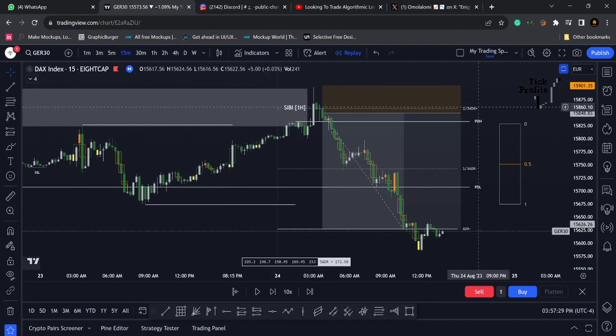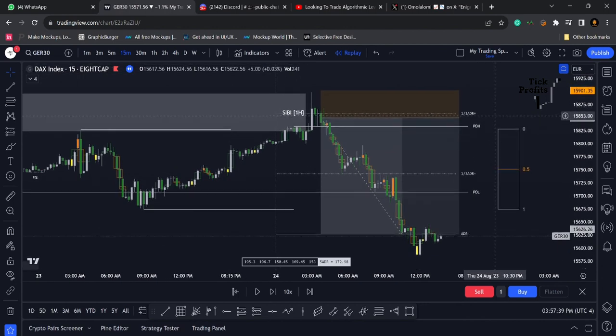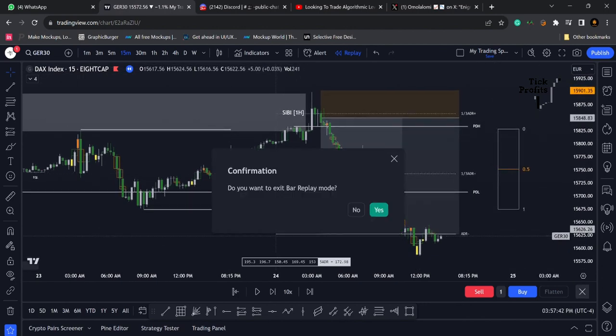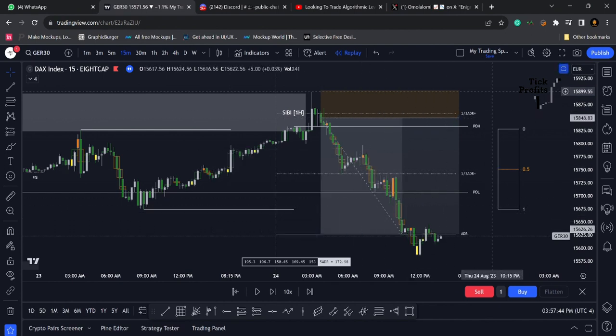So it made us understand that when price gets to this 1/3 ADR, we need to pay attention to how price reacts to this zone, and this is how the ADR is marked.